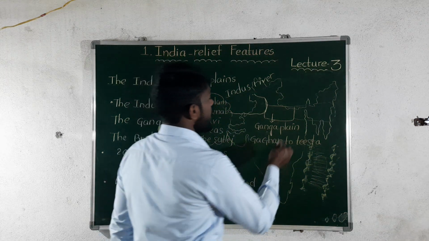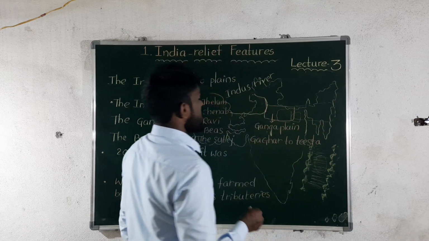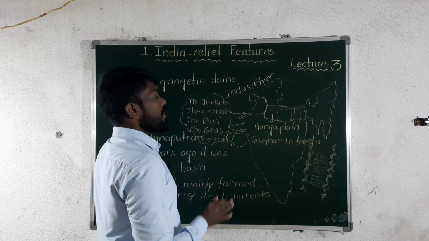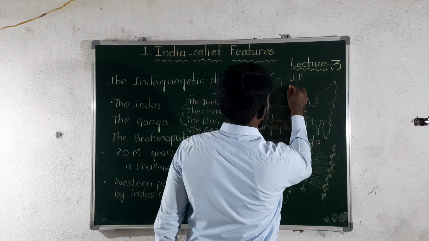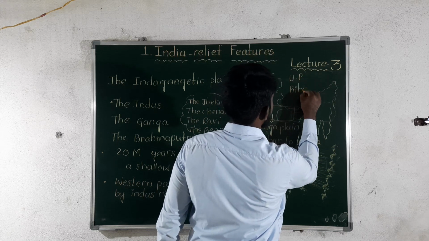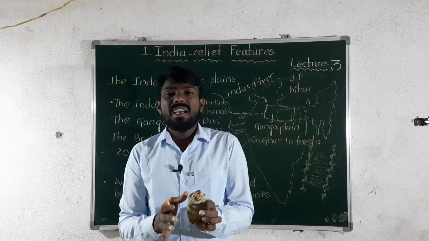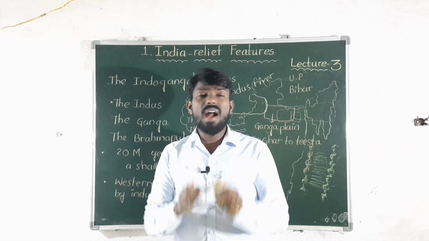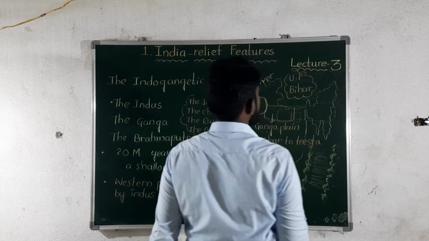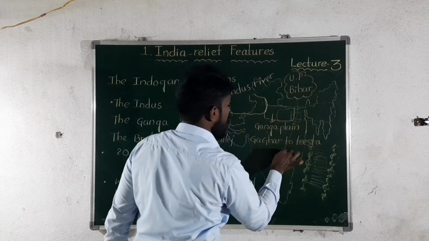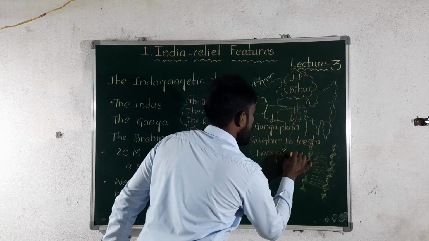The central part is mainly in Uttar Pradesh and Bihar, and partly in Haryana, Jharkhand, and West Bengal.